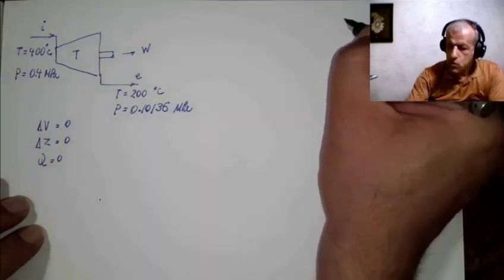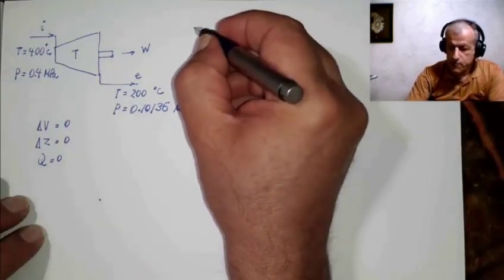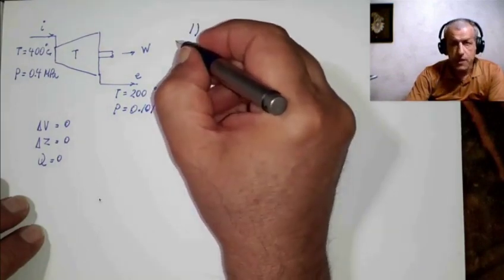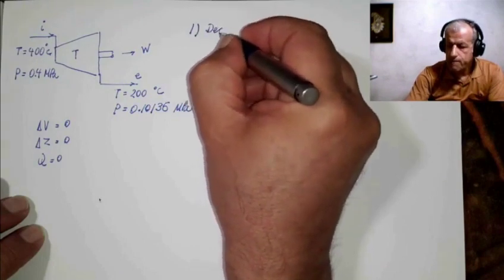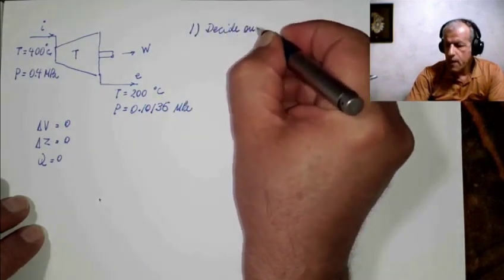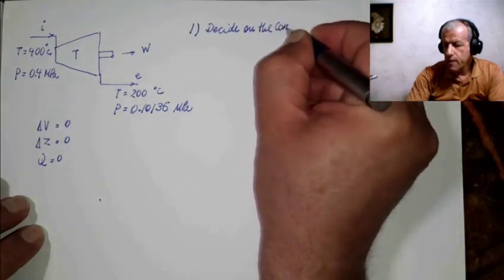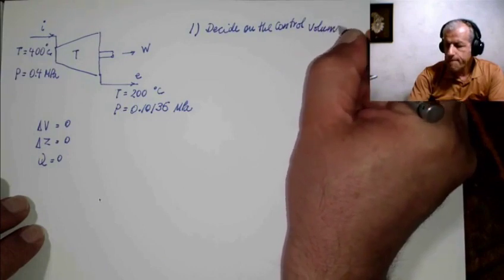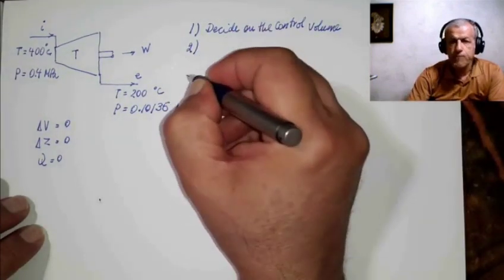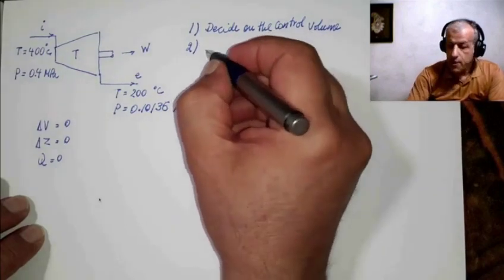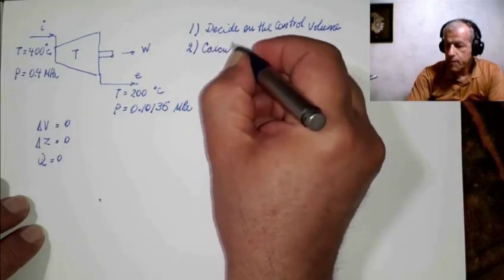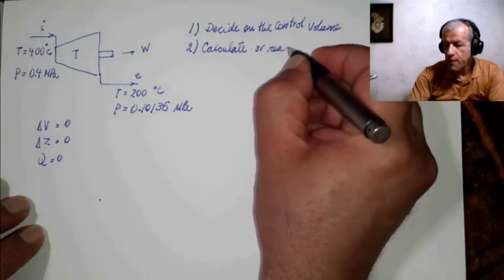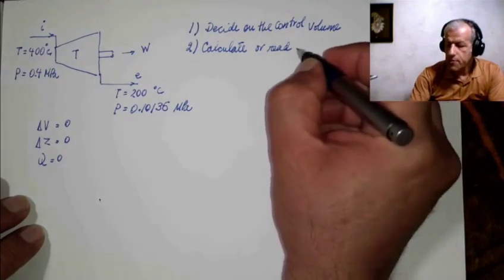So what we do is, first, decide on the control volume. Second, calculate or read from a table the properties.